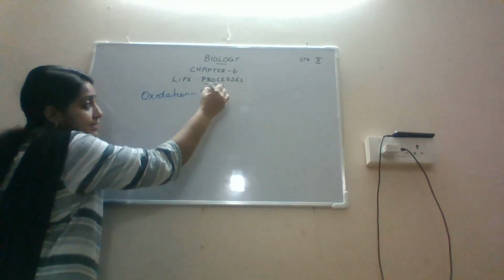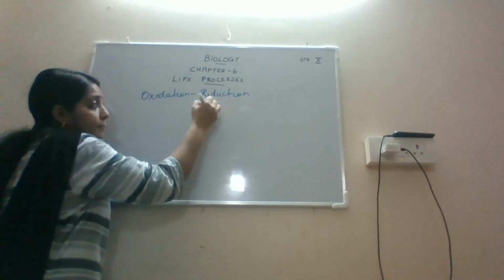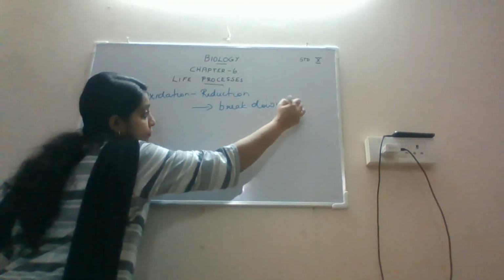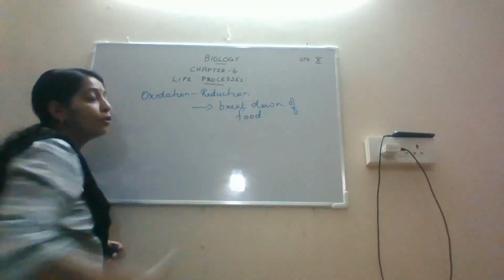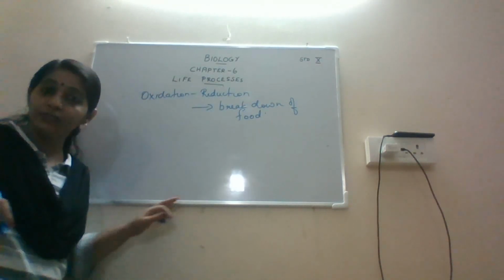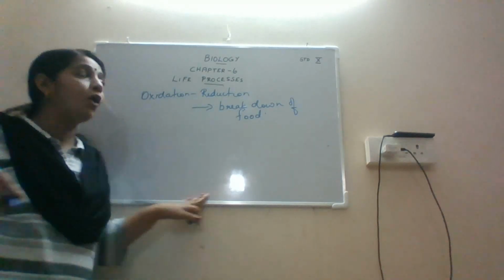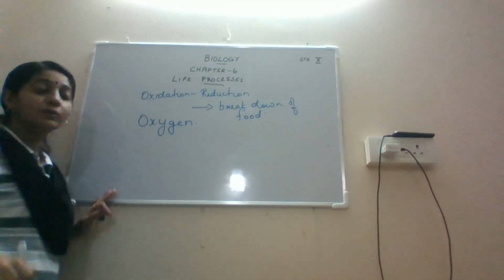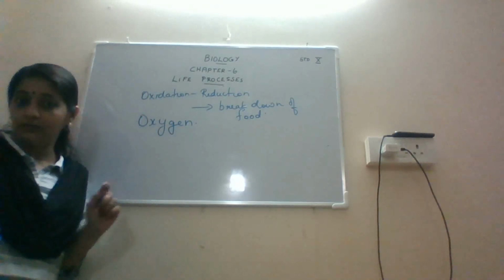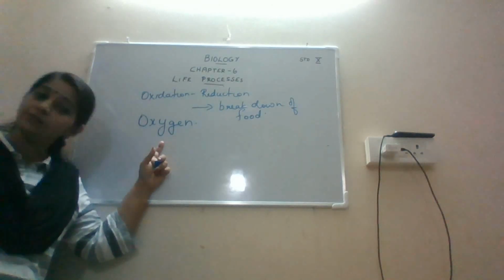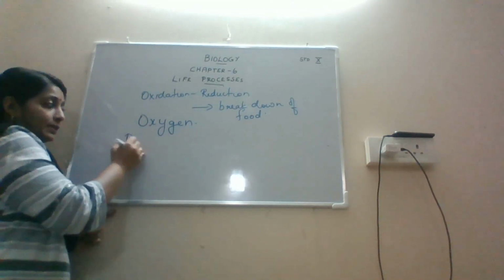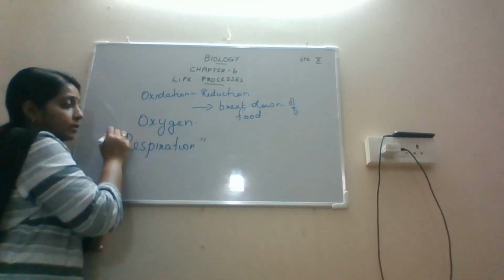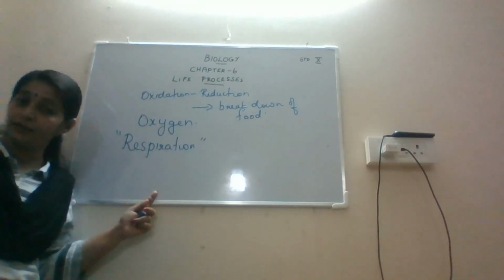For these chemical reactions to take place, oxygen is important. The process of breakdown of food with the help of oxygen is called respiration. This forms another life process.